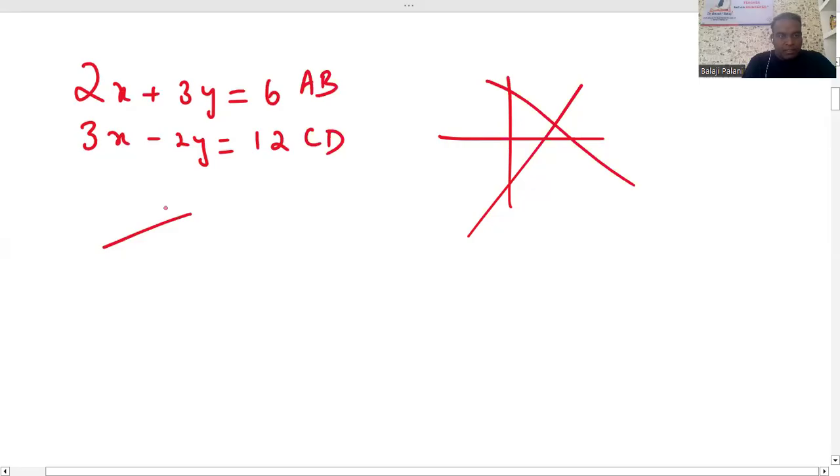Either they might meet each other, we call it intersecting, or they may not meet each other at all, even if indefinitely extended. That is the parallel lines. Otherwise, they may be one over the other, which is coincident lines. These are the only three possibilities when we are plotting two lines on the graph.